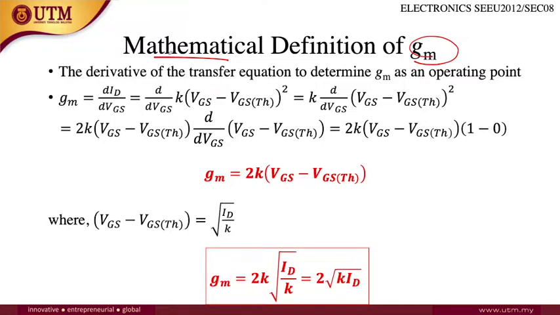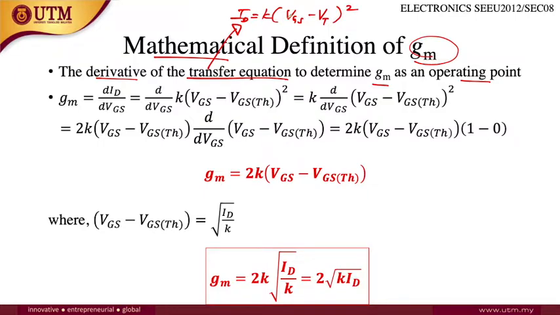For the mathematical method, you need to derive GM from the transfer equation, at the operating point. What is the transfer equation? It is also known as Shockley's equation, which is ID equals K times (VGS minus VT) squared.